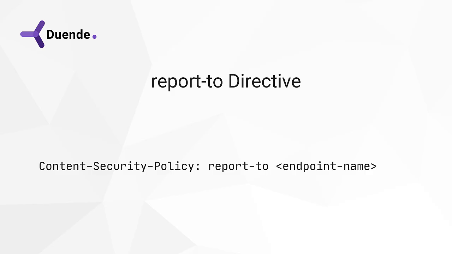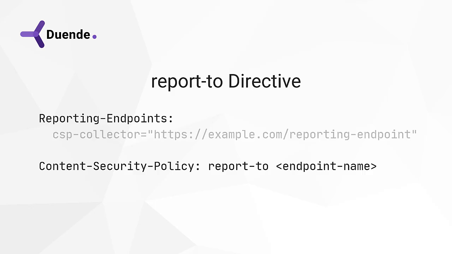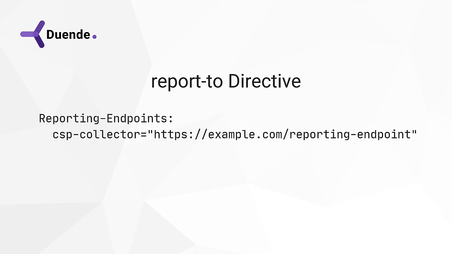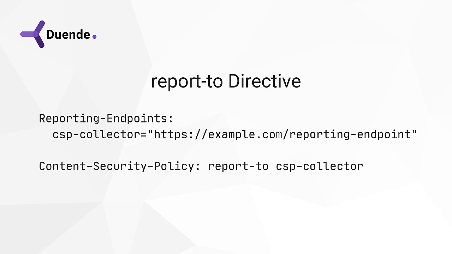The difference is that this name is defined elsewhere in an additional HTTP header, Reporting-Endpoints. It uses a name-value syntax that looks like this. The name defined in Reporting-Endpoints can then be referenced in the content security policy's report-to directive.